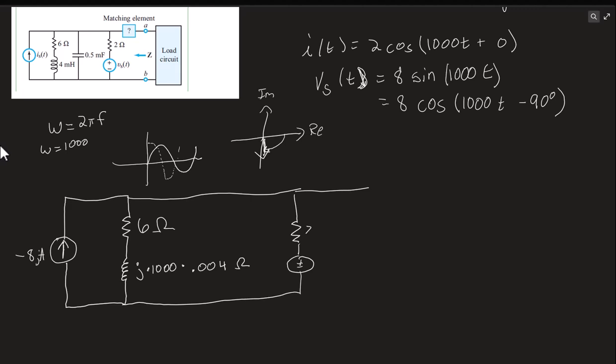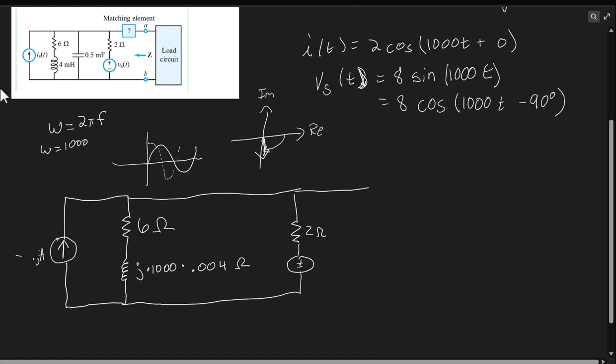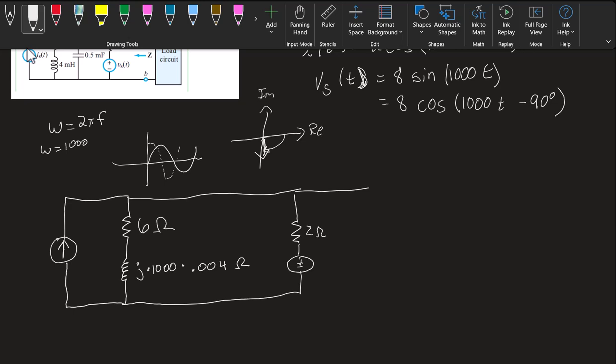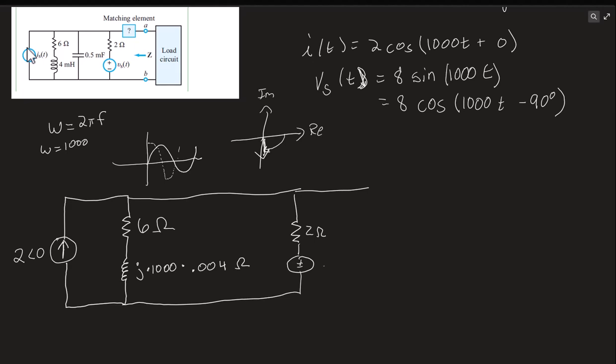So this is 2 ohms, and our current source I was 2, angle 0. And V was 8, angle negative 90. And then we have our matching element that we're going to put in here, and then we'll have our load over here.